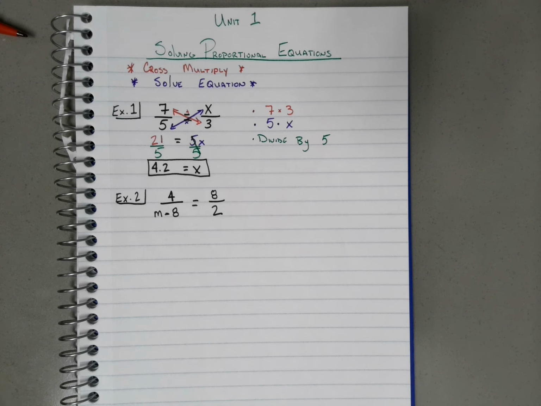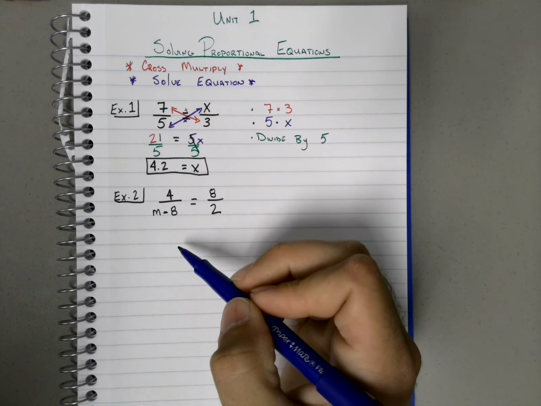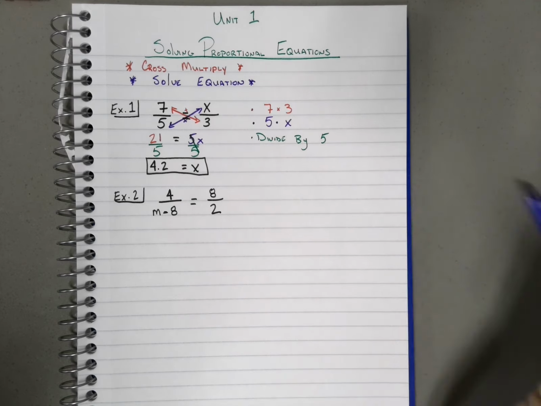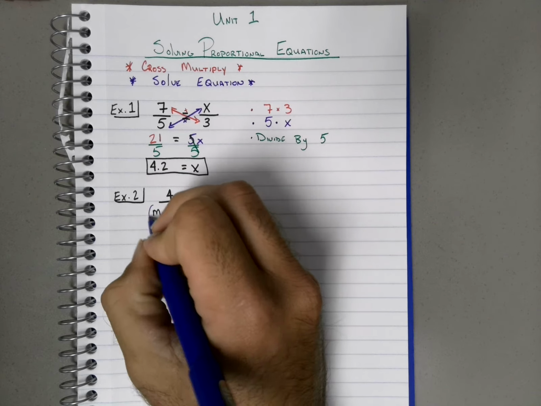Now, the one thing we have to think about here: what's the difference from example 2 to example 1? The difference is we have a whole term right here, an m minus 8. Up here we just had number, variable, number. This, you need to treat like parentheses.